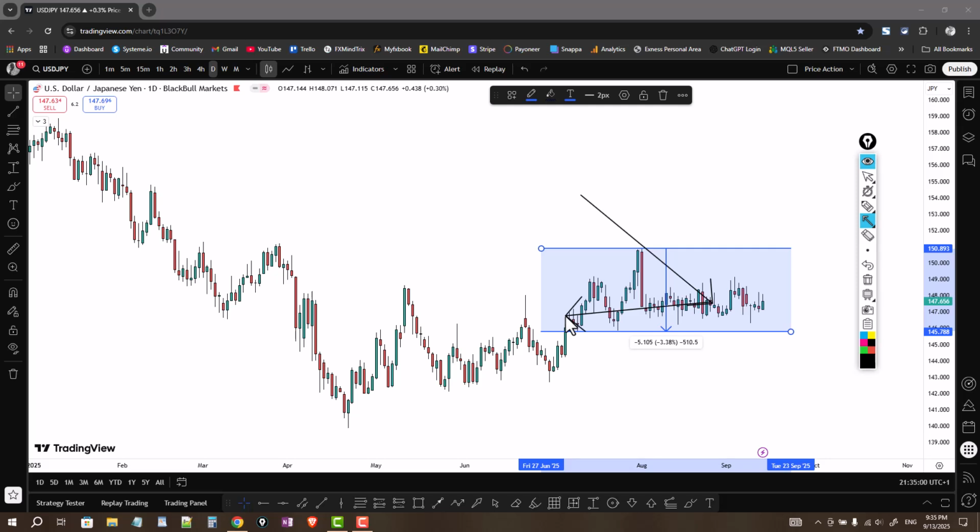What is a range-bound trading strategy? A range-bound trading strategy is simply a range trading strategy which gives you signals when the market is stuck in between levels of horizontal support and resistance. For example, let's say a support and resistance trading strategy. Obviously, you can see that price is struggling to break above this resistance and it's struggling to break below this support.